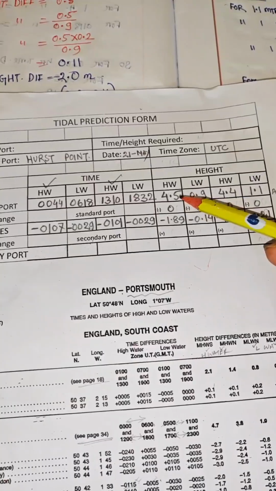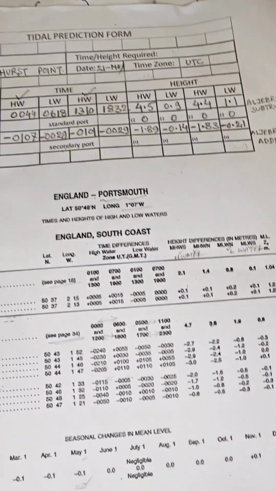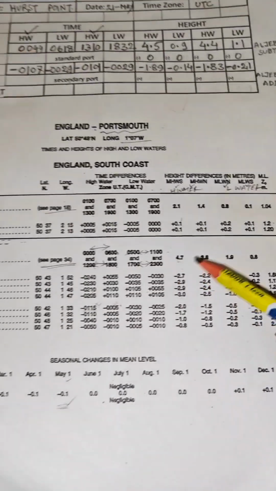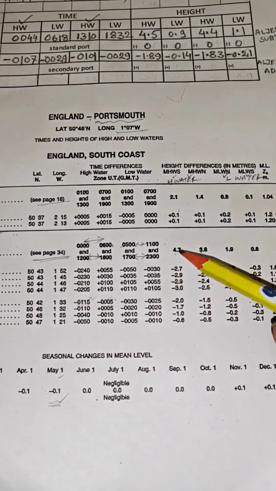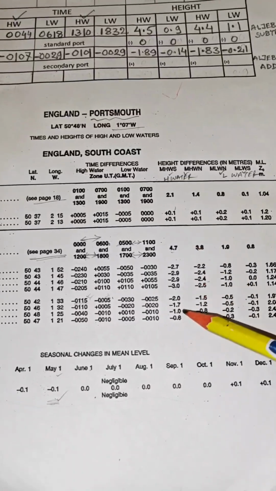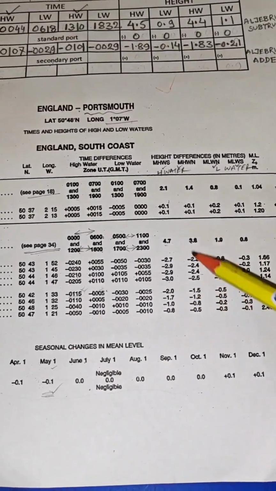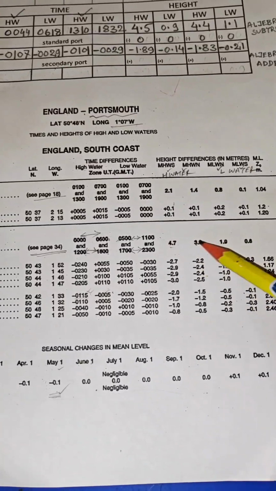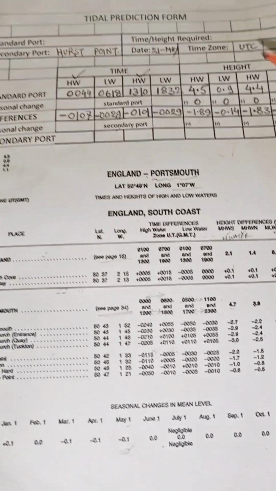Suppose for the first one, for 4.5 meter high water, I'll find the difference. And here you see this is the Portsmouth, and this is for the 4.7 meter. 4.7 meter is minus 2.0, and 3.8 meter minus 1.5. So difference is 0.9. These two difference 0.9 and here is 0.5.